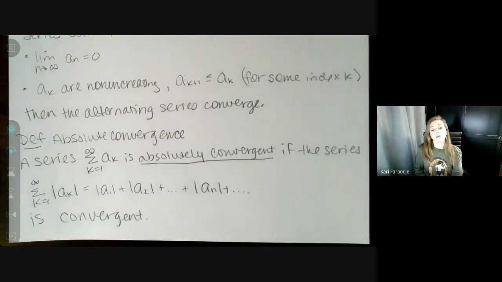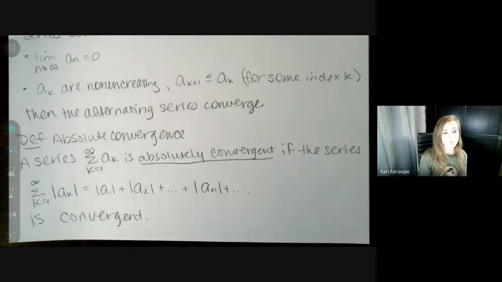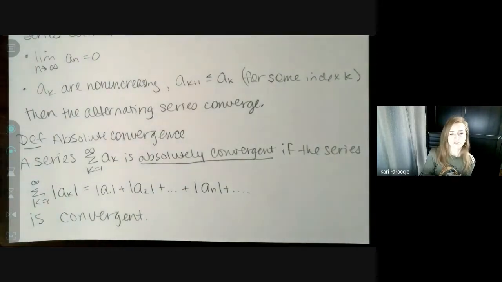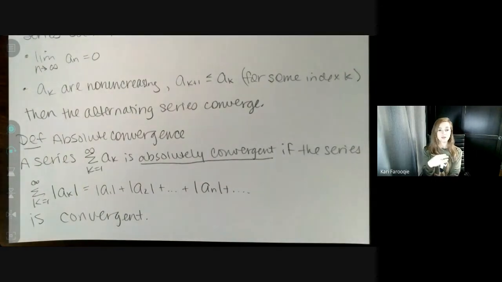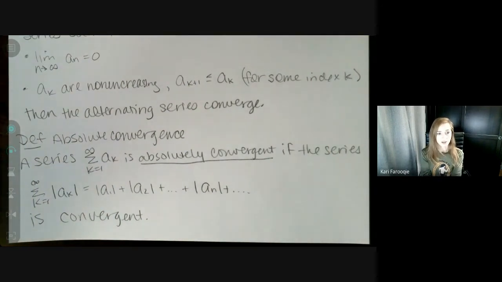When you're thinking about absolutely convergent, you shouldn't be thinking of it as, oh, totally convergent. When you're thinking absolutely, you're thinking about absolute values. So you're thinking about this series without the alternating pieces on it.